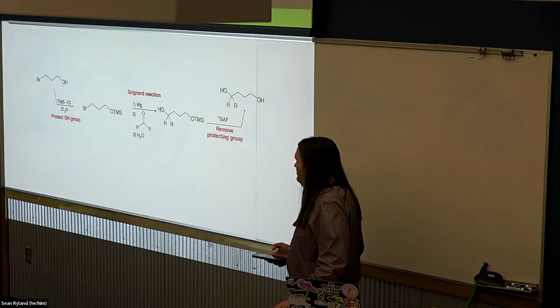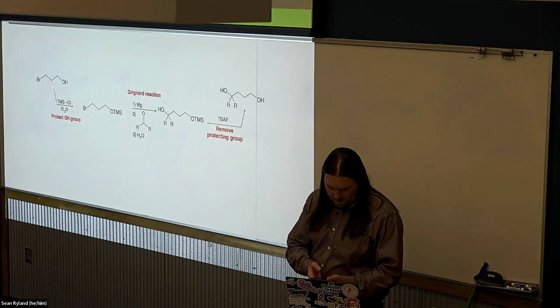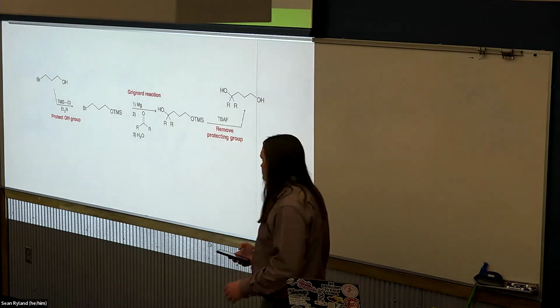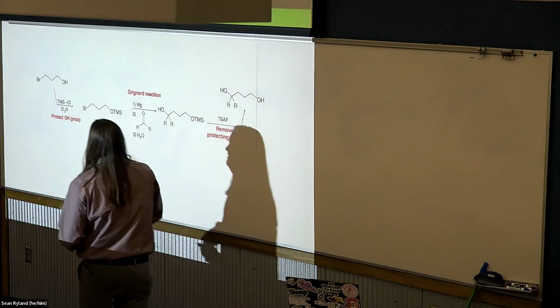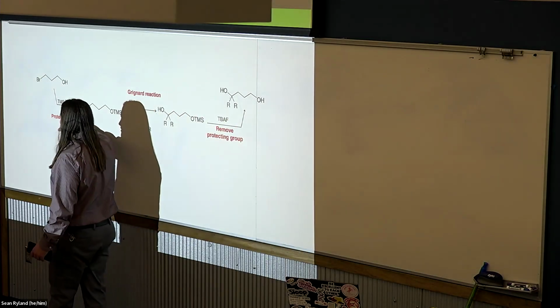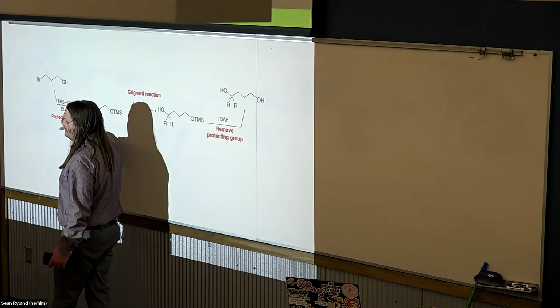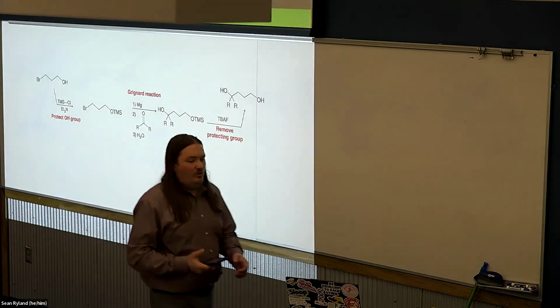So TMS is what's used for alcohols. Is it always going to be over the Et3N? Yeah, you need this. This is triethylamine. You need the triethylamine as a sterically hindered base. No, you won't see it that way.